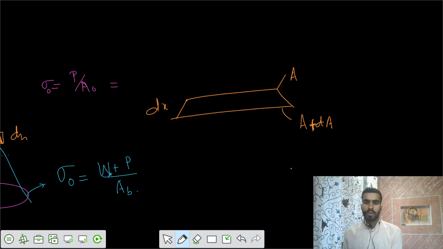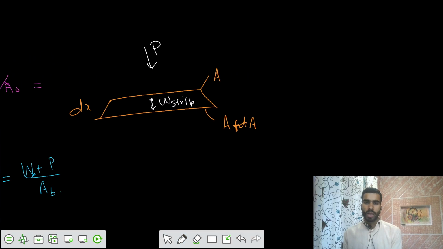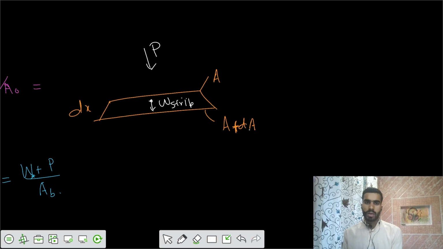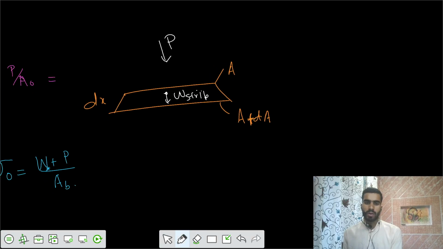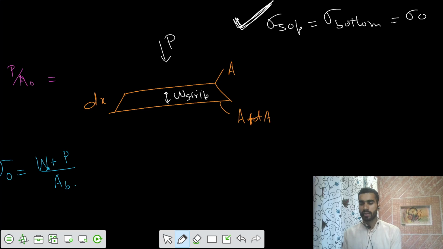So for this strip, there would be some weight W of that strip acting downwards, and the load P acting from the top. The stress at the top is equal to the stress at the bottom, and that equals sigma naught. This is the condition in the problem itself, that it is a column of uniform strength.